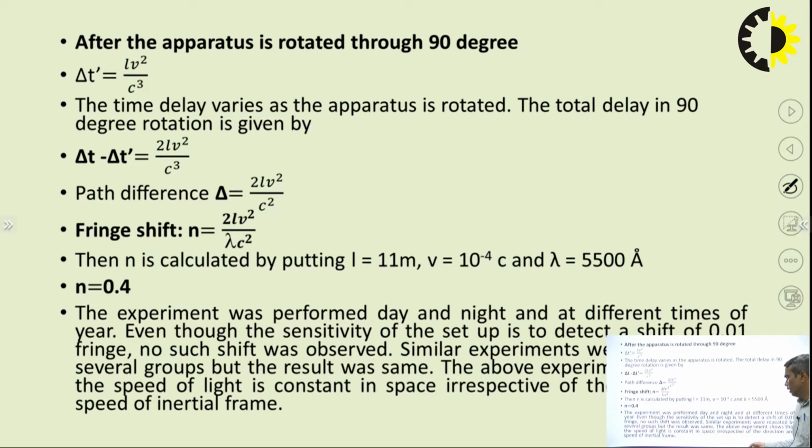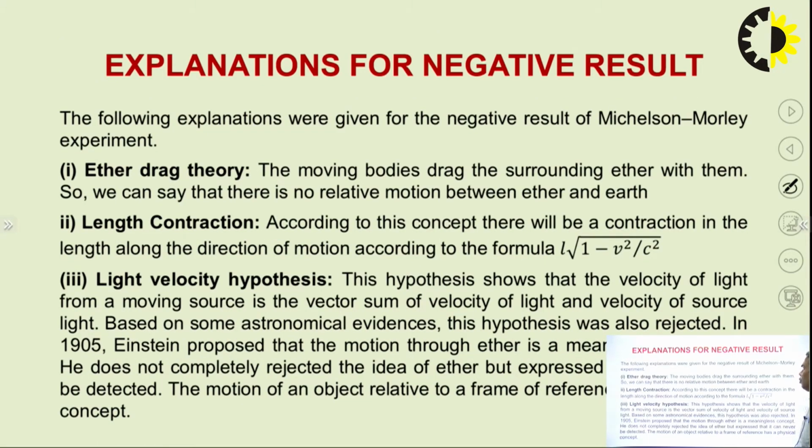But in the experiment, the fringe shift was 0. So, Michelson-Morley got a negative result because theory and experiment do not match. Now, the explanation of the negative result.